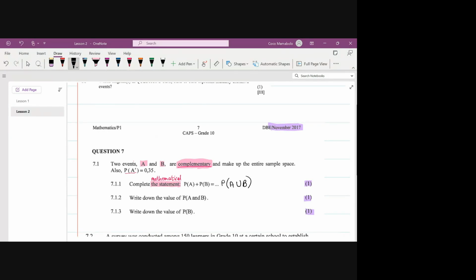Okay, so Kulani, you are correct, but look at the question. Are they asking us for the value or are they asking us for the mathematical statement? Are we seeing the difference in the two? Yes? Okay, they're not asking us for the answer. They're asking us to finish the statement.